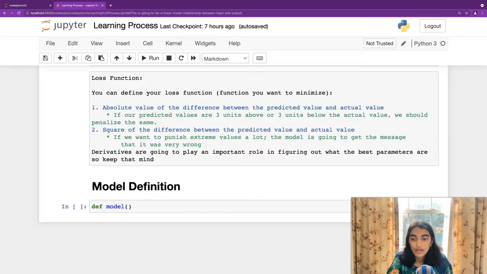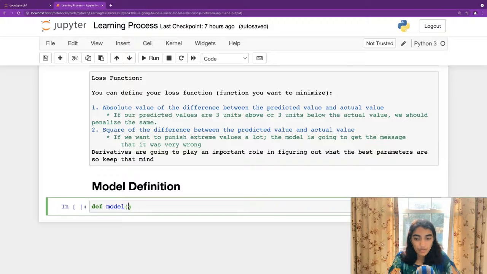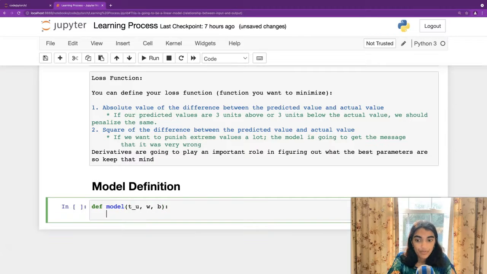So let's define a model that's going to take in our input of temperature of unknown units. We're going to have a weight and a bias. Okay, so let's return y equals mx plus b. So w is the slope, tu is the x input, and we're just going to add our bias.